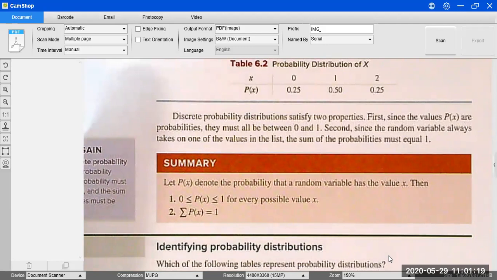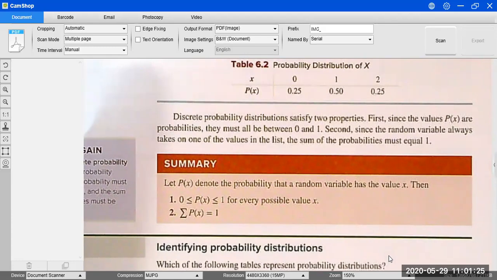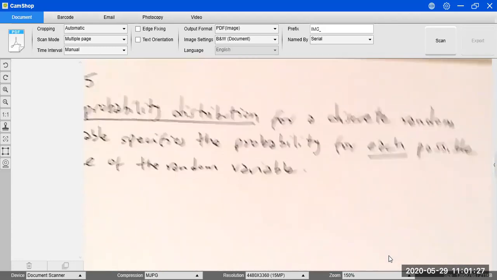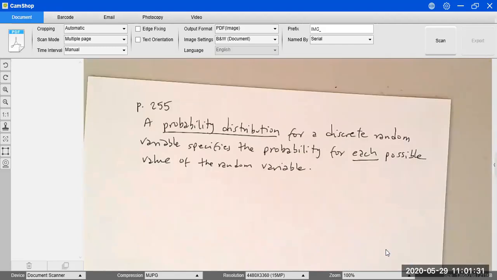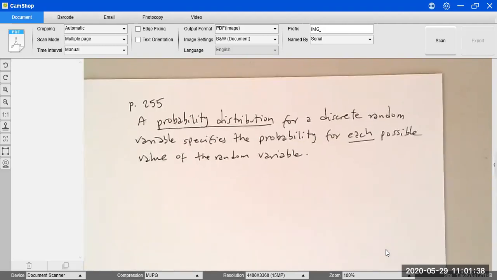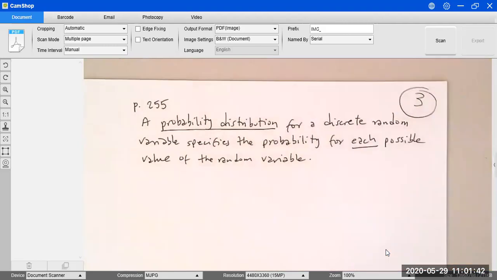So now we're going to work another example. I'm going to show you part of the notes that I just wrote for you. First, the definition of the probability distribution.